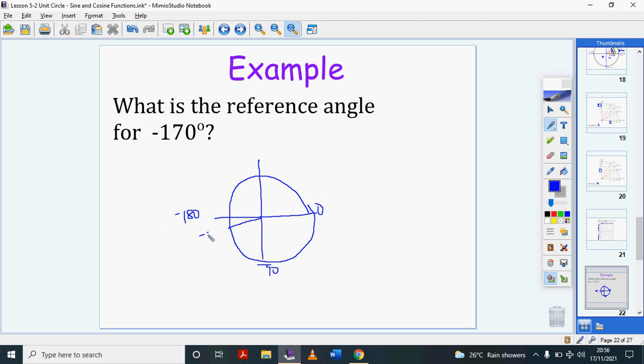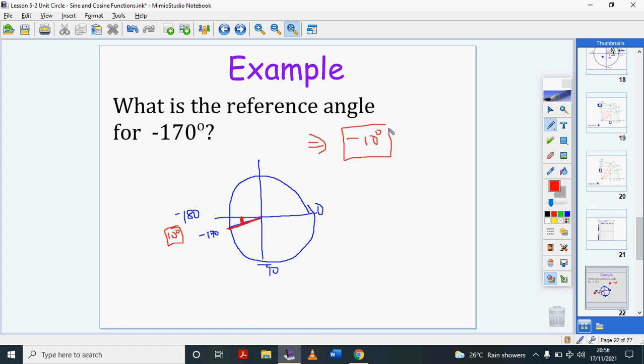So the reference angle is simply the angle that is coterminal with this one and starts with the x-axis. That angle is 10 degrees. Since this is negative, the reference angle for negative 170 degrees will have to be negative 10 degrees.